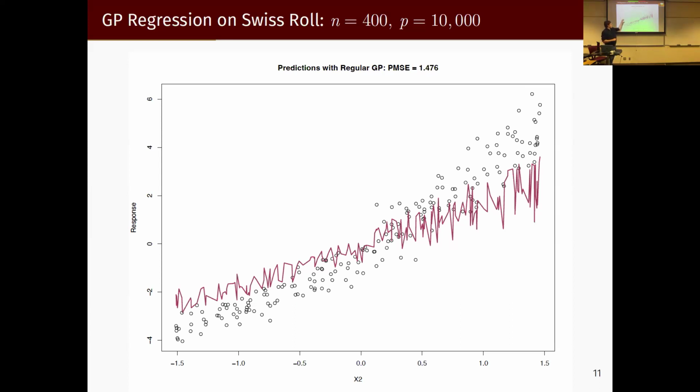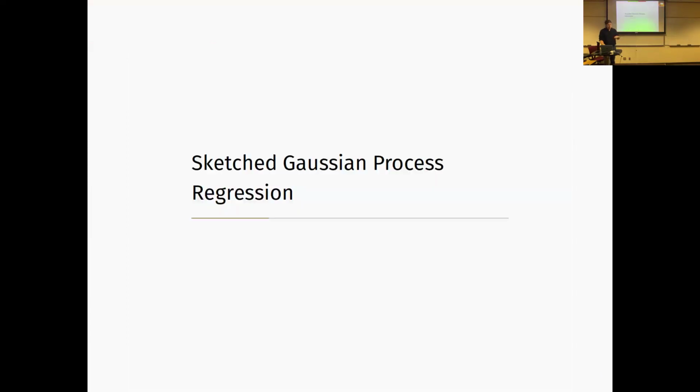So here P is 10,000, and that's messing with our predictions. So our goal is we would be able to make nice, good quality predictions if we could shrink P while keeping D the same. So can we do that? Yes, we can, and we're going to use data sketching to solve this problem.